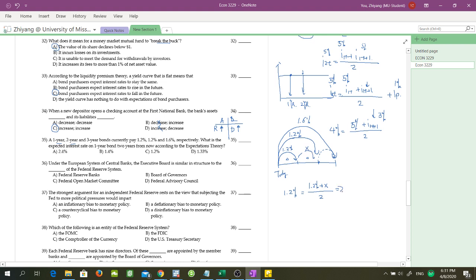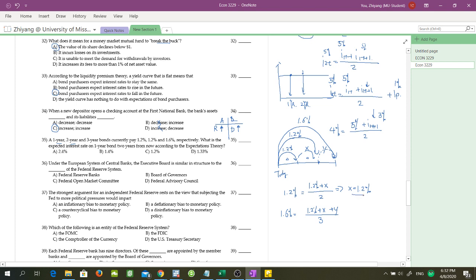And this equation is going to tell us x equals 1.2%, right? And if I set the thing I want to know as y, for a 3-year bond, I know that 1.6% is nothing but the average of 1.2% plus x plus y, right?